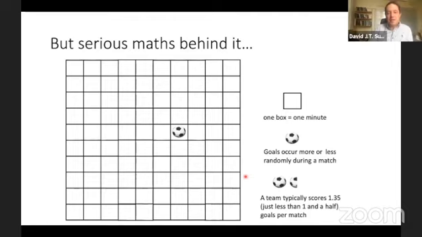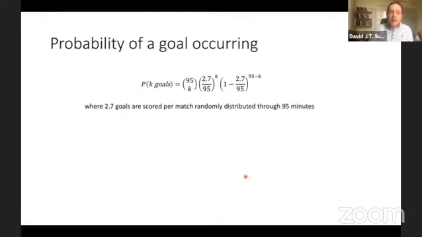We break things down into boxes, and we're going to put these balls down. And here is the serious maths then. So what's the probability of K goals occurring in a football match? Now, before I was looking at one team, and I said there was 1.35 goals. This number is 2.7. Some leagues it's 2.5. Some leagues it's 2.8.